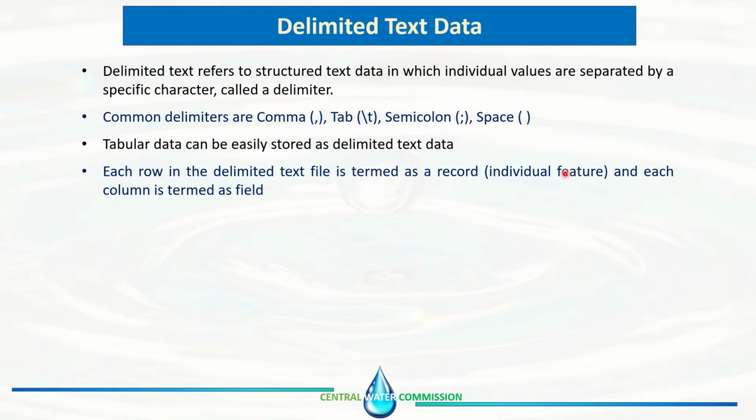A feature in GIS is nothing but a real world object or phenomenon that can be represented on a map. If you are talking of point vector data, individual rows are individual point features.